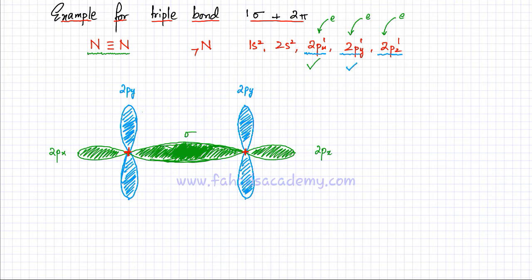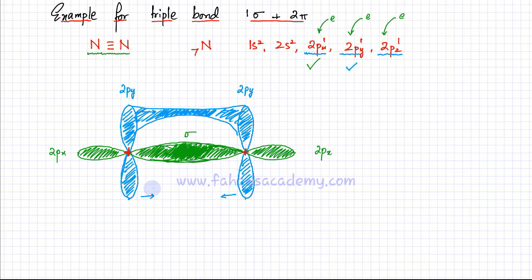They're going to start attracting each other's electrons, and the electrons are going to be pulled towards the middle because both nitrogen atoms are attracting each other's electrons. So the new region of highest electron density would be right in the middle.